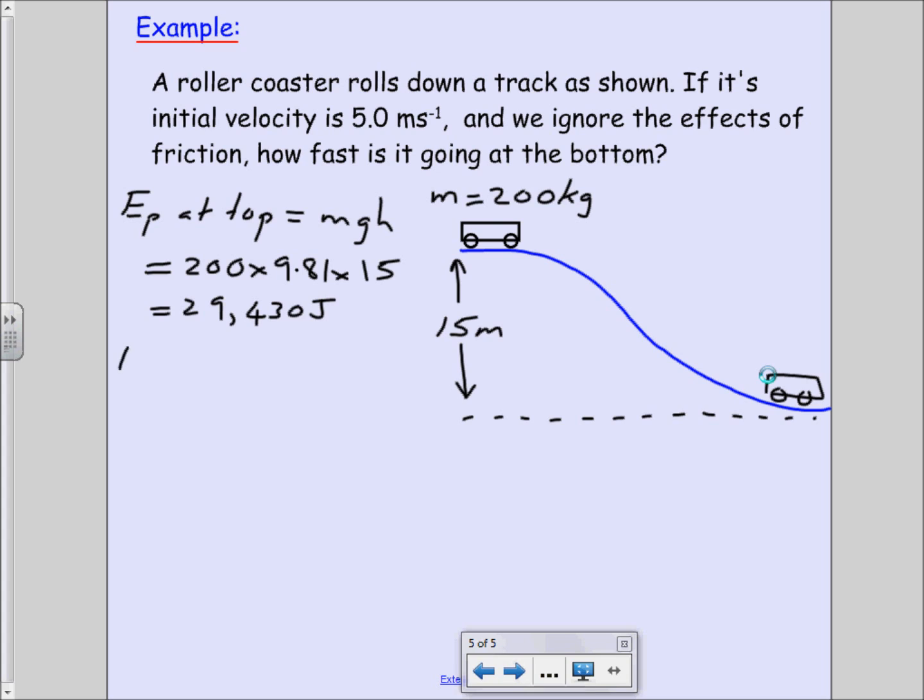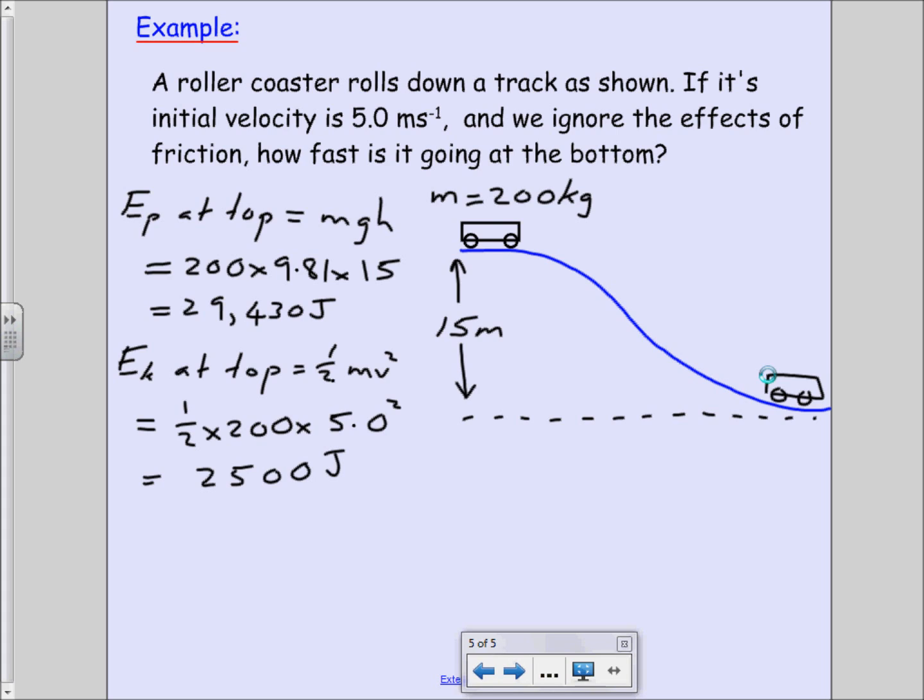Now EK at top equals a half mv squared, a half of 200 times 5.0 squared, 100 times 25, 2500 joules. So we've got those two lots of energy, most of it's potential, a little bit of kinetic.